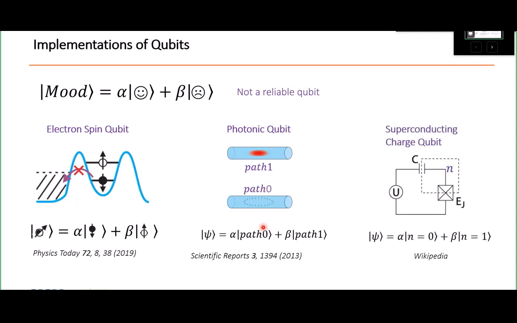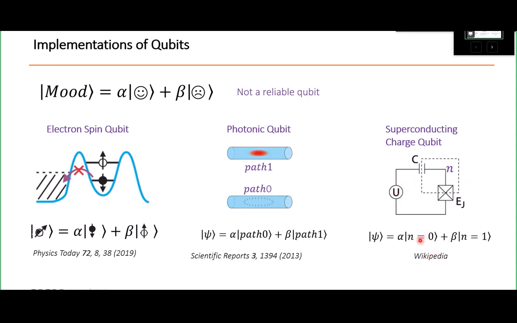Mostly people use the superconducting qubit. This one is something called a Josephson junction, a transmon qubit. It is coupled with a capacitor to form a superconducting island, but we don't need to go into detail. The point is that this island can have an excess charge of either 0 or 1 under the bias, right?